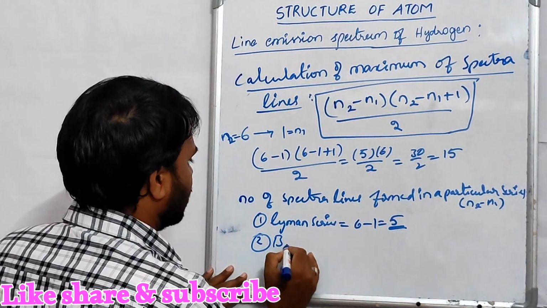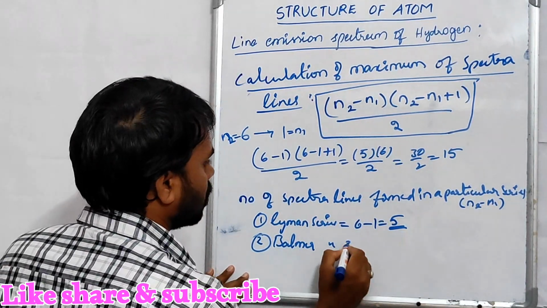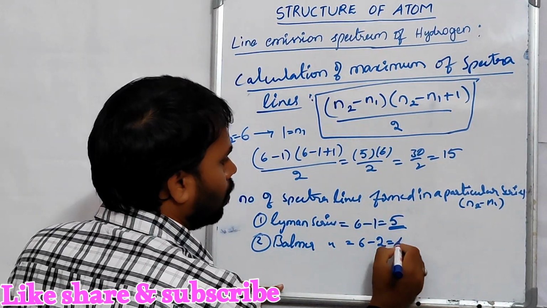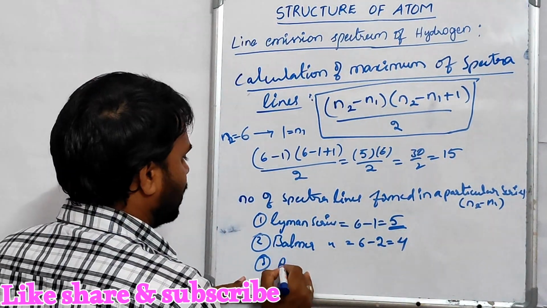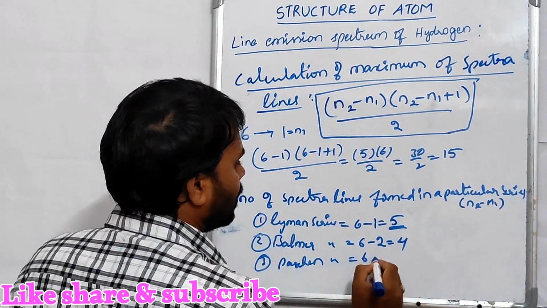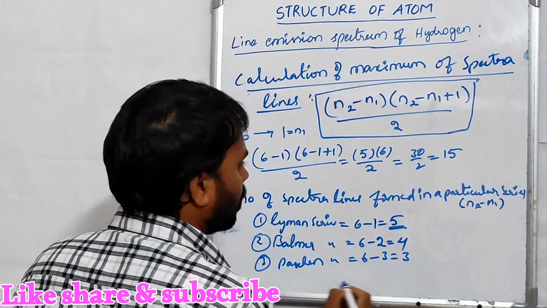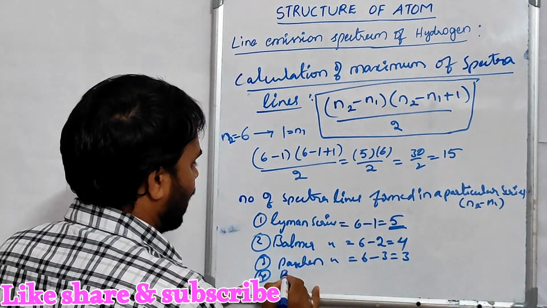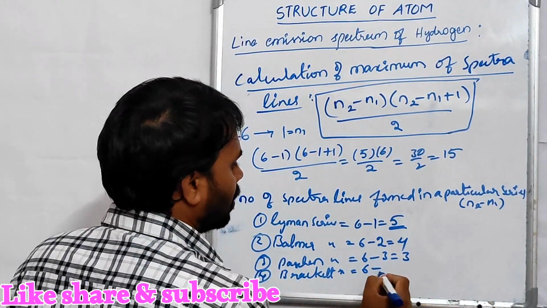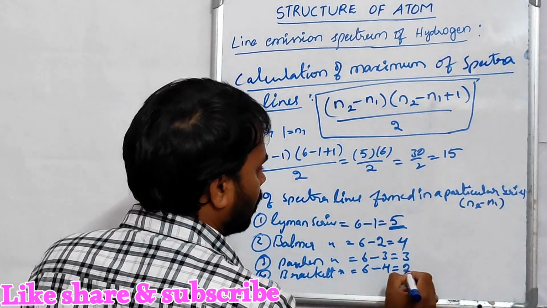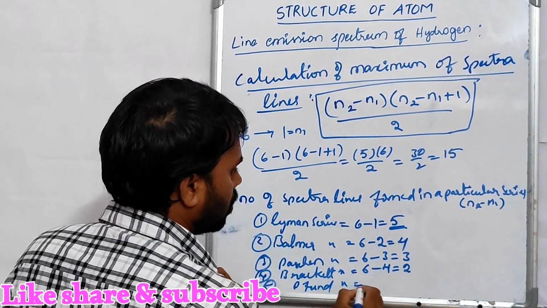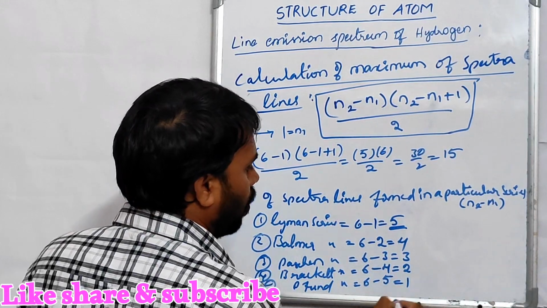For the Balmer series, excited state is 6, ground state is 2, so 4. Paschen series, excited state is 6, ground state is 3, so 3. Brackett series, 6, ground state is 4, that equals 2. Pfund series, 6 minus 5, that equals 1.